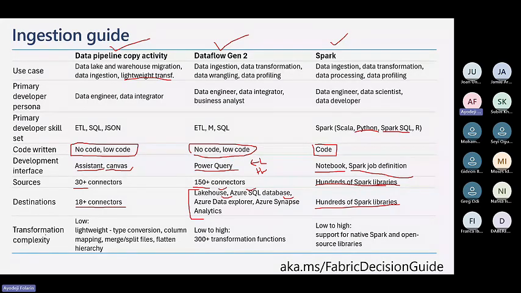Now, transformation complexity. This is low for copy activity: lightweight, type conversion, column mapping, and so on. But when you're talking about transformation in Dataflow Gen 2, this is from low to high, medium. You can do over 300 powerful data transformations using Power Query.